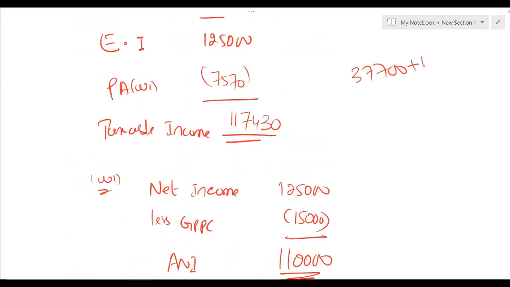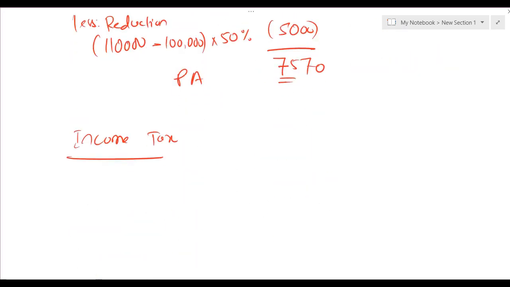We have to add the gross PPC, which is 15,000. So 37,700 plus 15,000 gives me 52,700. So 52,700 into 20%, that is 10,540.